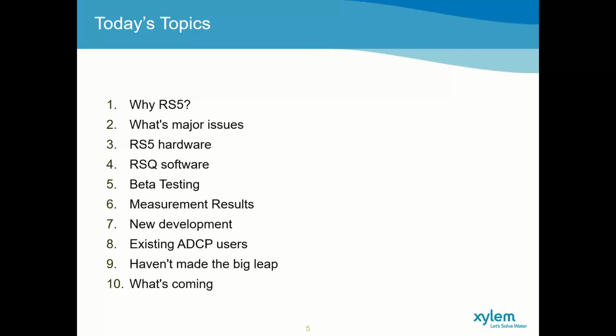Today's topics, just briefly, why RS5, why was it developed, some of the issues that led to the development, the actual hardware and software discussions, and an outline of what was done by SonTek, beta testing performed during the development to get it to the final product, measurement results from tests we've done in Australia itself, what is currently further development or new development being done on RS5, existing ADCP use and why we think you should definitely see this as a solution.